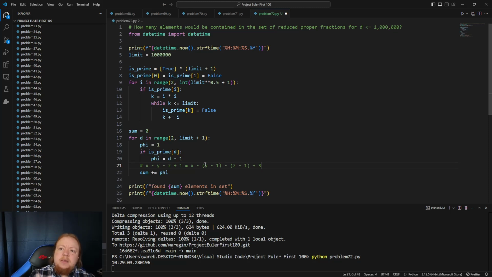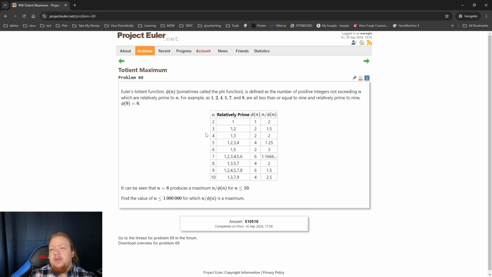What this is leading me to is that for the addition, if we did the phi of the factor, then we need to add 1 for the number of factors. So let's think this through for 8.